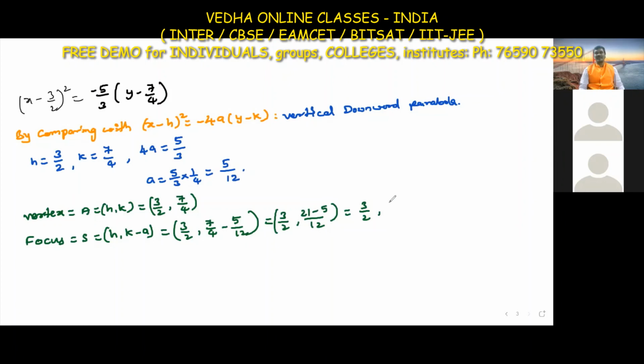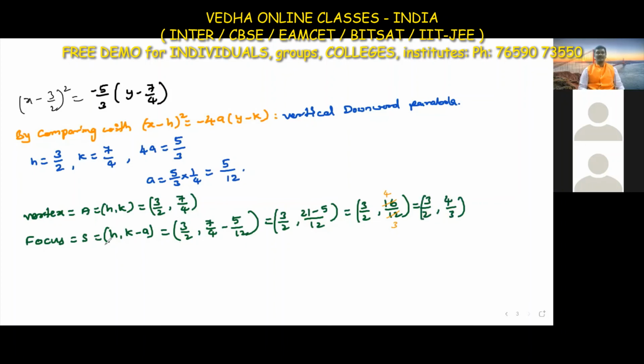What is 21 minus 5? That is 16, so 16 by 12. Take the 4 table: 4 fours are 16, 4 threes are 12. So what we get here is 3 by 2 comma 4 by 3.